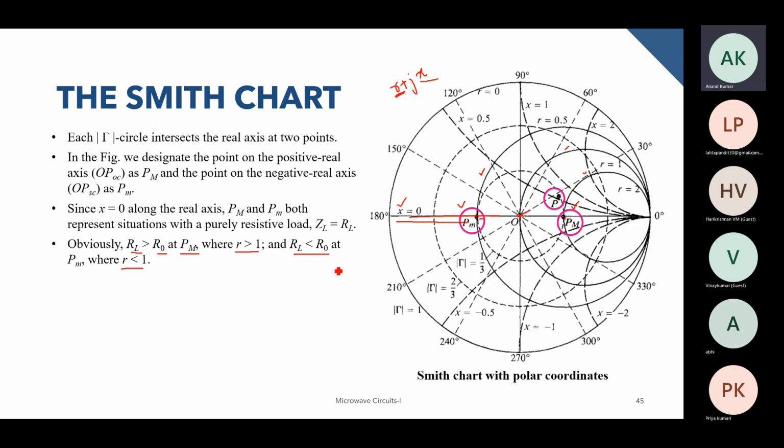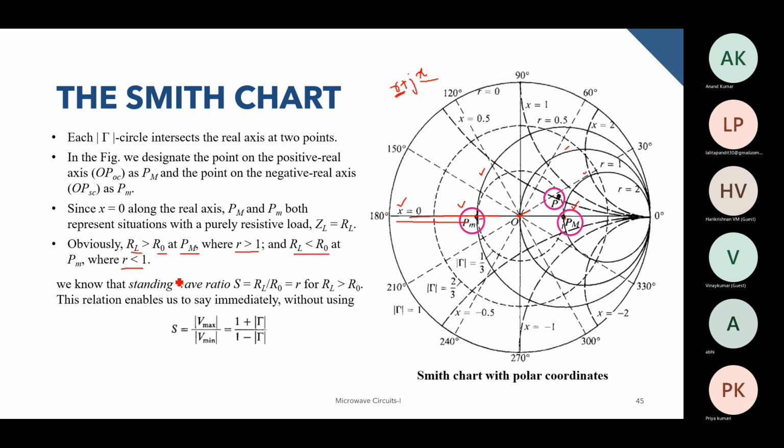So these are some observations considering where you are on the real axis, and considering the value of X and R. An important thing is that the standing wave ratio for RL greater than R naught is defined as RL by R naught.